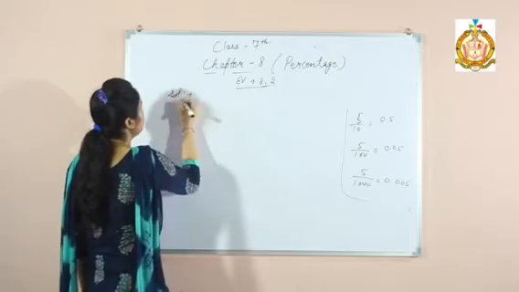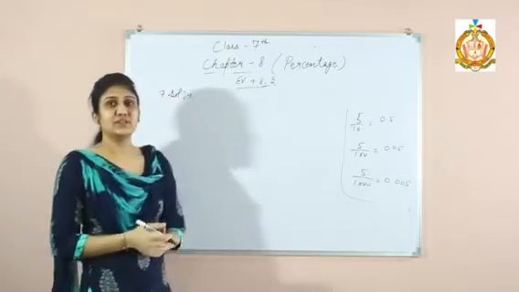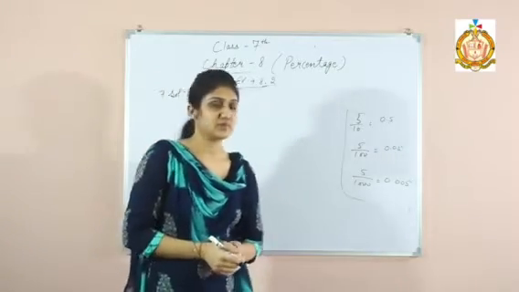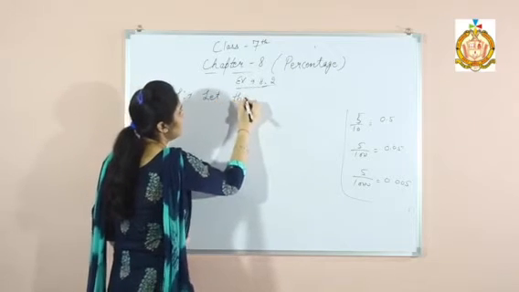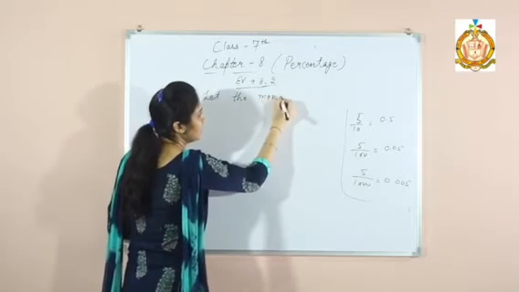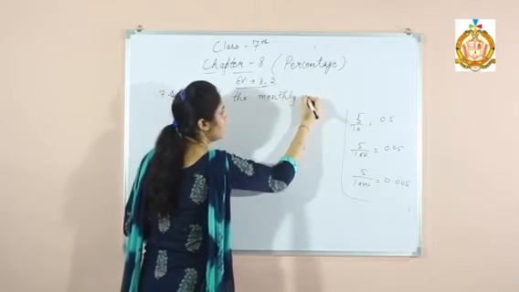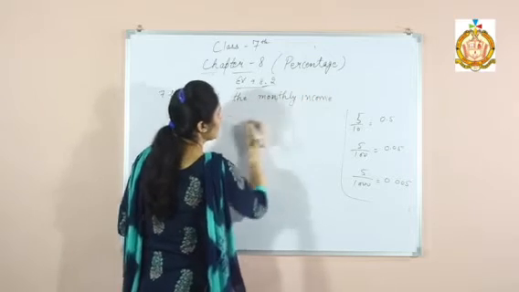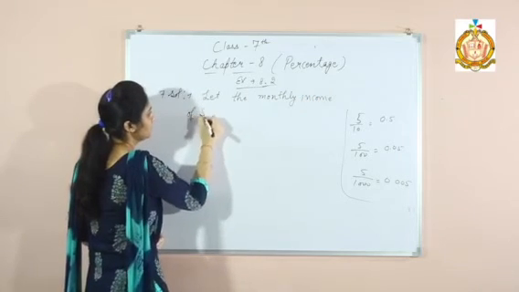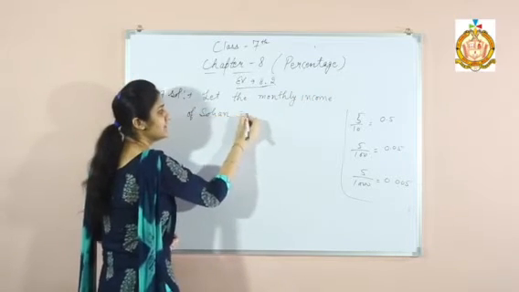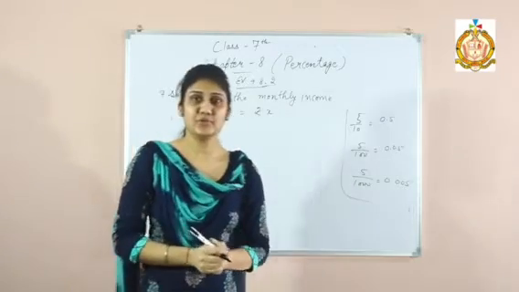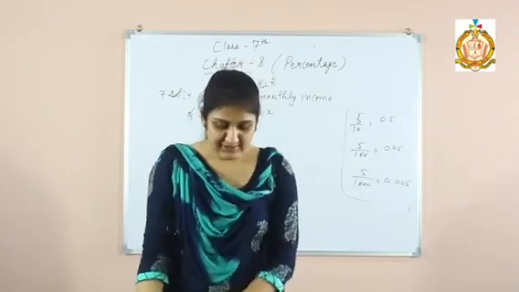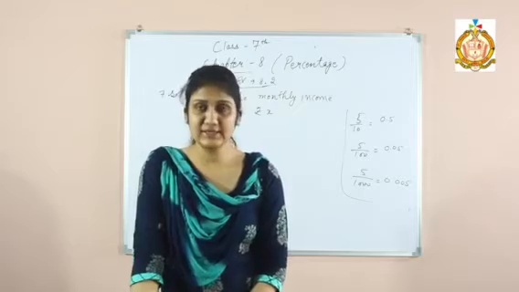Solution of seventh sum. Let his monthly income be X rupees. We will assume let the monthly income of Sohan be rupees X. Now we will have to find what is his monthly income.